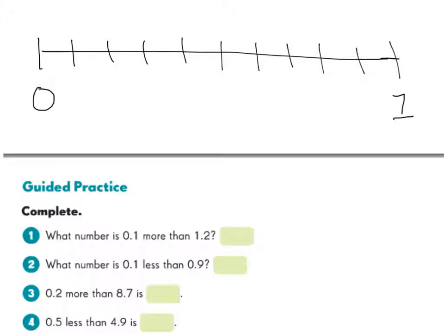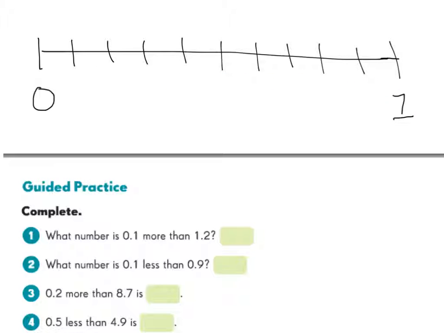So now let's go ahead and try a few problems using this vocabulary. Let's start with number 1. What number is 1/10 more than 1 2/10? Up on the number line that I have here, we have a 0 and we have a 1. So we're looking at all the decimals that are between 0 and 1.